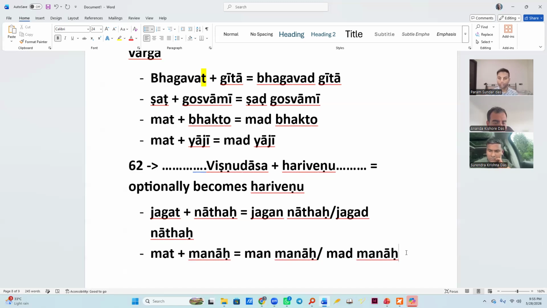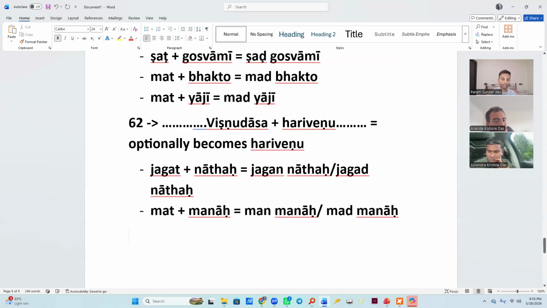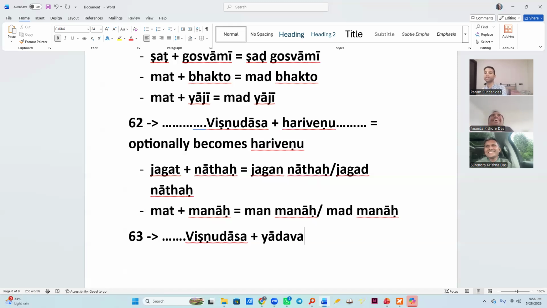So that's 62. 63. Yadav Matre Hari Kamalam. If again there is a word ending with Vishnu Dasa, and if it is followed by a Yadava, what are the Yadavas? Hari Kamala, Hari Khadga, and Shauri.